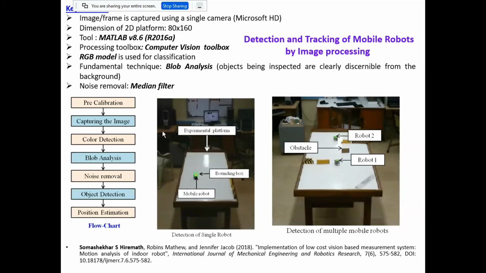The main methodology involved is blob analysis: each robot is given a color code, which is detected by the camera as the robot moves from the origin to the destination point. Our image processing technique is also validated using a FARO laser tracker.